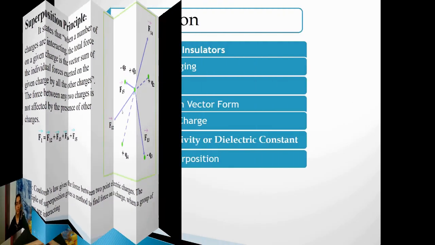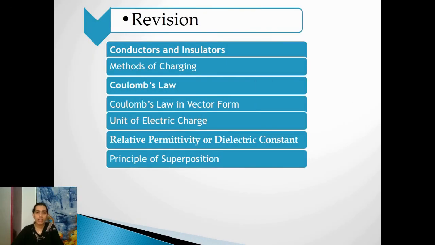Hope you understood this. In today's class, we learned about conductors and insulators, and we learned different methods of charging. There are particularly three types of charging: charging by friction, charging by conduction, and charging by induction. Then we discussed Coulomb's law.